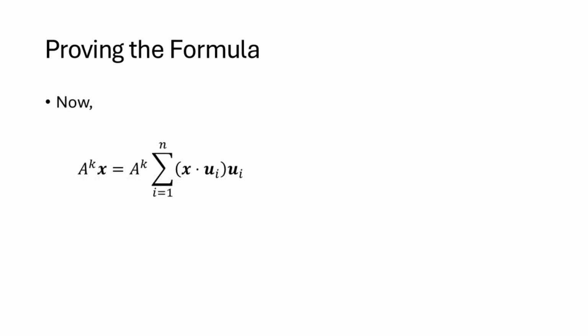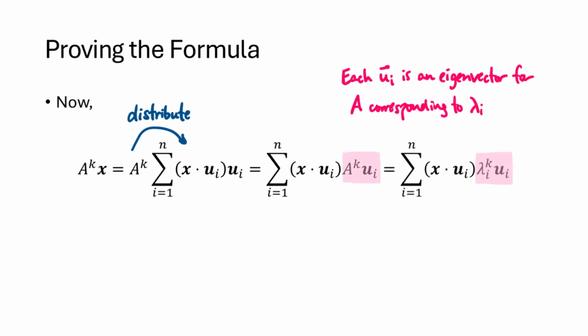So now A to the k times x is A to the k times that sum. We can distribute the A to the k to get the sum of x dot ui times A to the k ui. But each vector ui is an eigenvector corresponding to the eigenvalue lambda i, so A to the k times ui is just lambda i to the k times ui. And so that's the formula that we have.